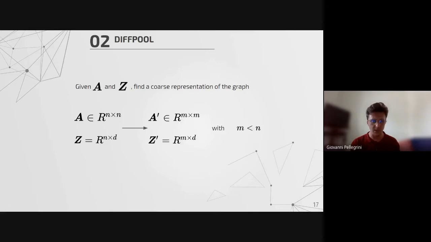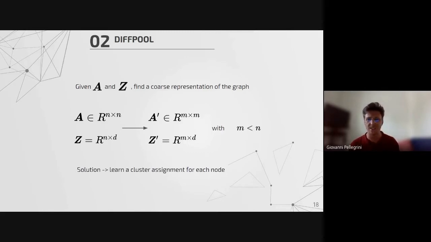This basically means that, having an adjacency matrix, which is n by n, and a node feature matrix of n by d, we want to obtain new representations A prime and Z prime, which have fewer nodes than the previous one, with m less than n. Okay, this is basically what we're going to do at each step.